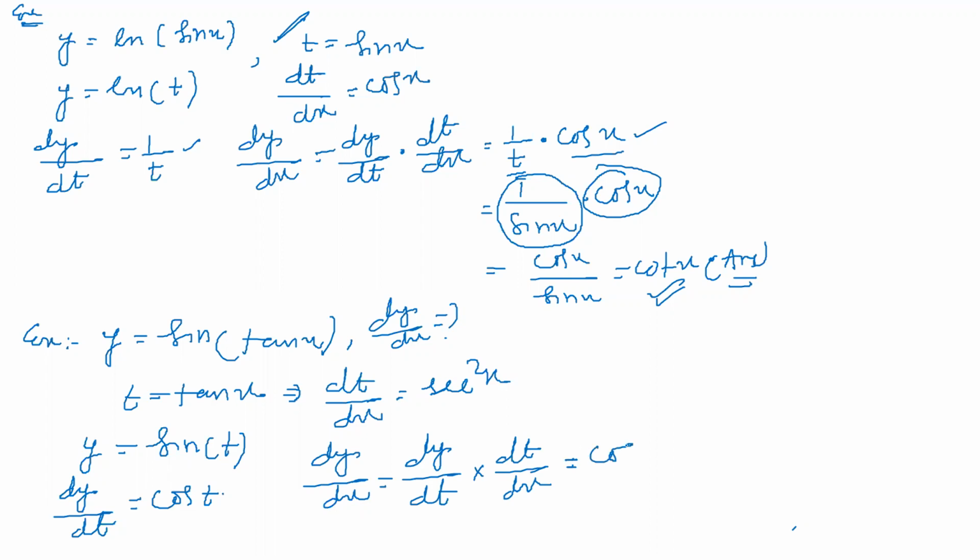We got it, cos t, correct. And dt by dx how much? Sec square x. And we have t in place of what? Tan x. So we could write cos of tan x into sec square x. This is the answer. Understood?